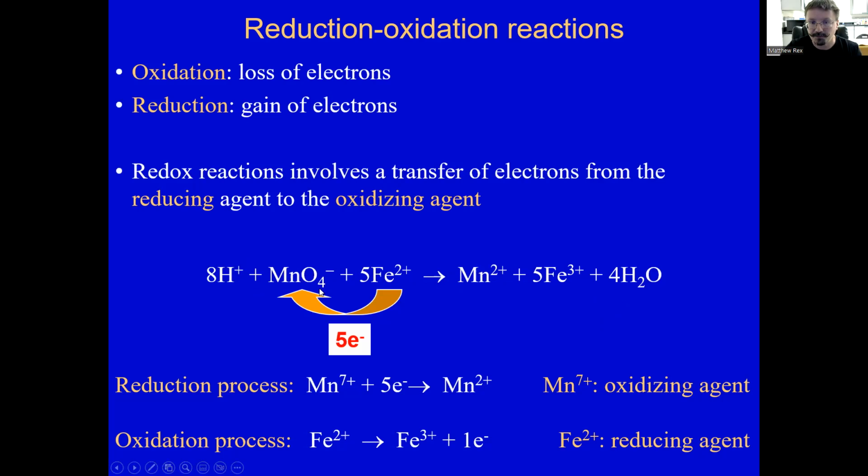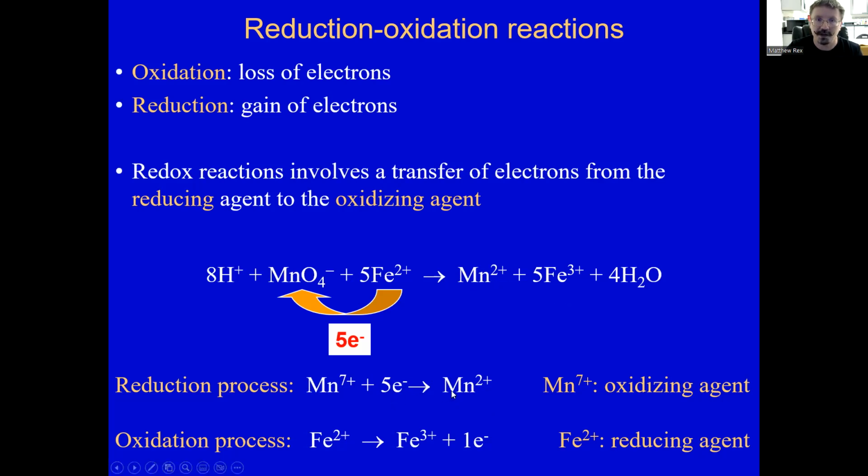In this case, we'll see the manganese has an oxidation state of +7 on the reactant side and a +2 on the product side. So to go from a +7 to a +2, it became less positive or more negative. It had to have gained electrons. And in this case, to go from a 7 to a 2, it gained specifically 5 electrons. Sorry, gained 5 electrons.